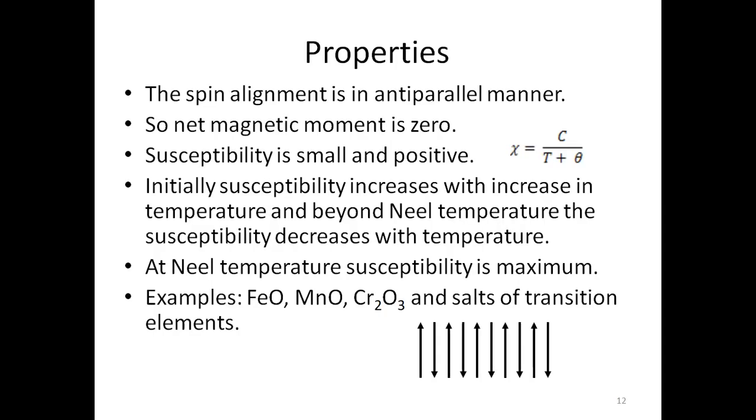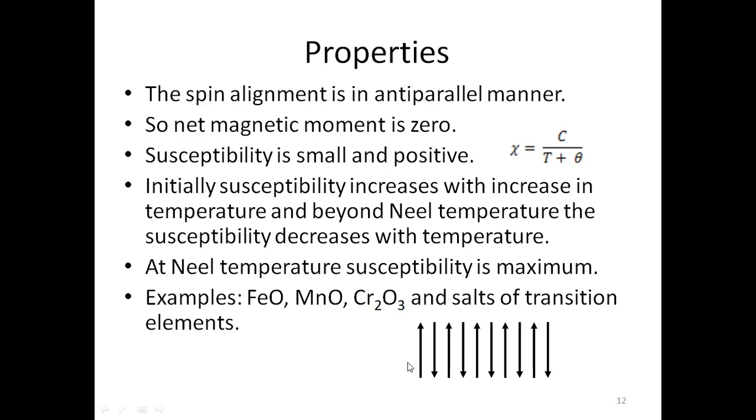Here, antiferromagnetic materials, a very simple thing that you need to remember, is that when we compare with the ferromagnetic material, you'll find a basic difference, a very wide difference. The alignment of these magnetic moments is somewhat different when we compare with the ferromagnetic material.